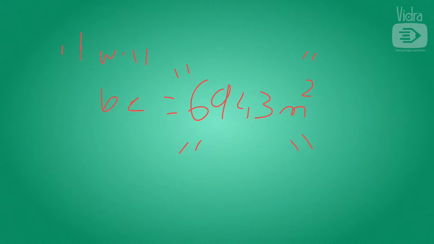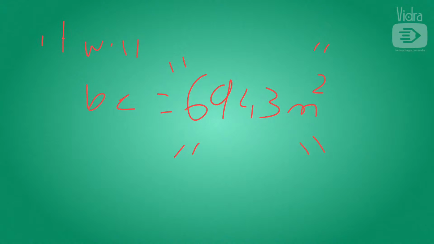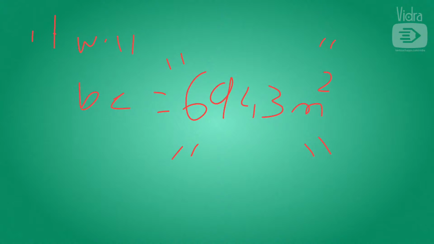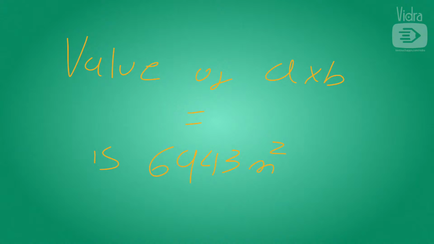So the final answer of the multiplication between the values will be 6,943. And remember, this is a mistake almost all students make: it's not meters, it's meters cubed. So remember to put meters cubed.